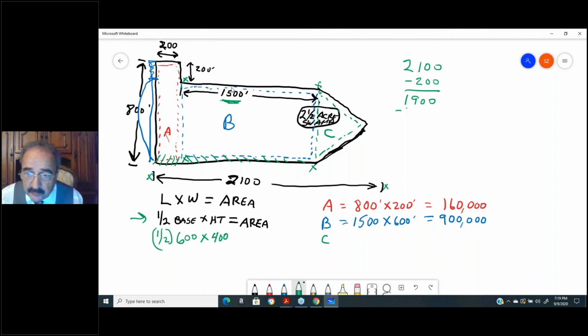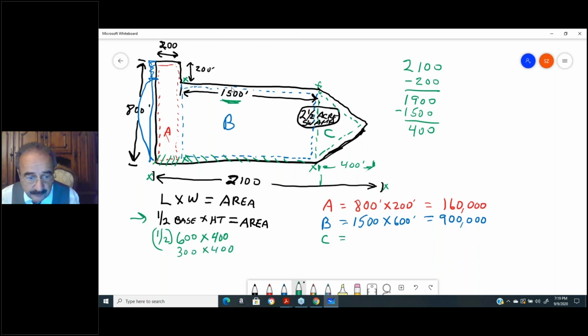Minus the 1,500 feet, that means this part here has to be 400 feet. So half the base, half of 600 is 300, times 400.